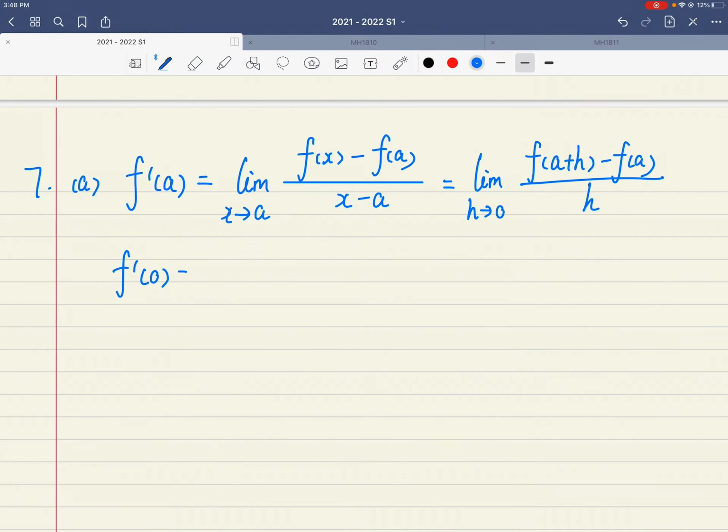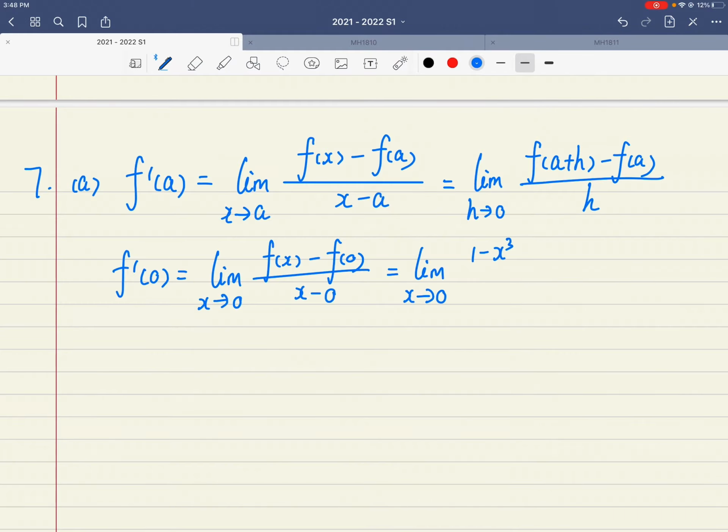So what would be the derivative at 0? Let's use the first one. It's the limit as x approaches 0 of f(x) minus f(0) over x minus 0. So what is f(x)? f(x) is 1 minus x cubed. What is f(0)? f(0) is 1 minus 0 cubed.